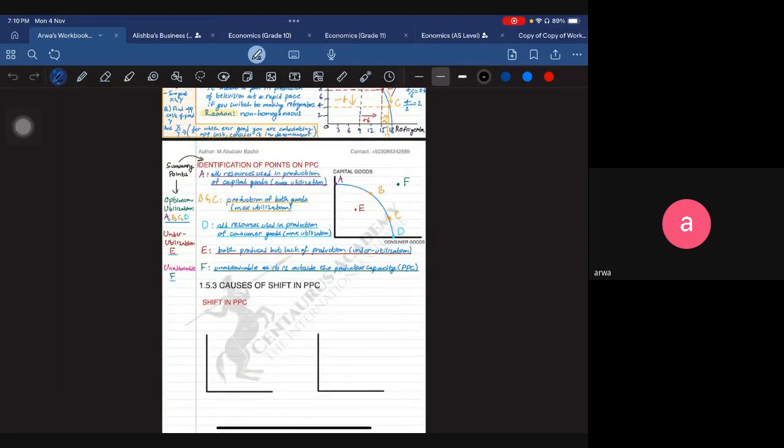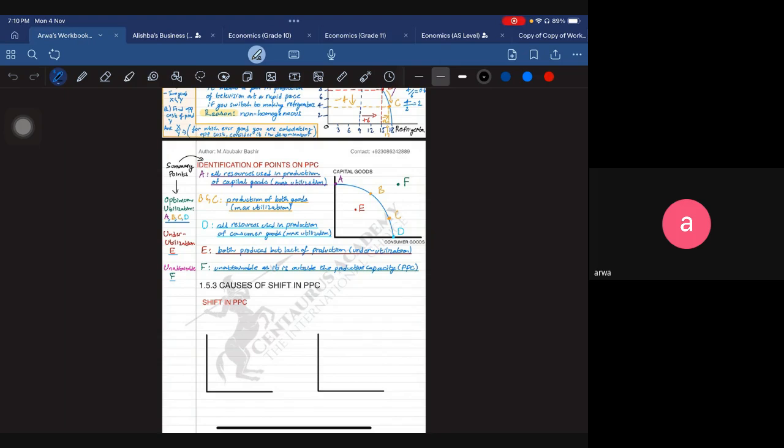There was one point which was beyond the production possibility curve. That is one of the important points that we have to discuss, so we are going to start with that point.